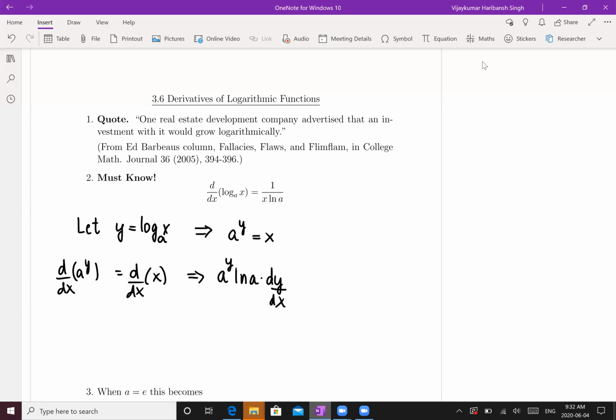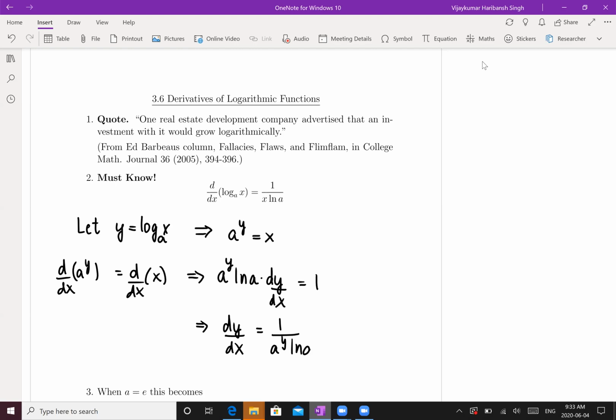This extra, quote unquote, dy by dx is the consequence of the chain rule. So therefore we get from here dy by dx is 1 by a to the power y ln a.